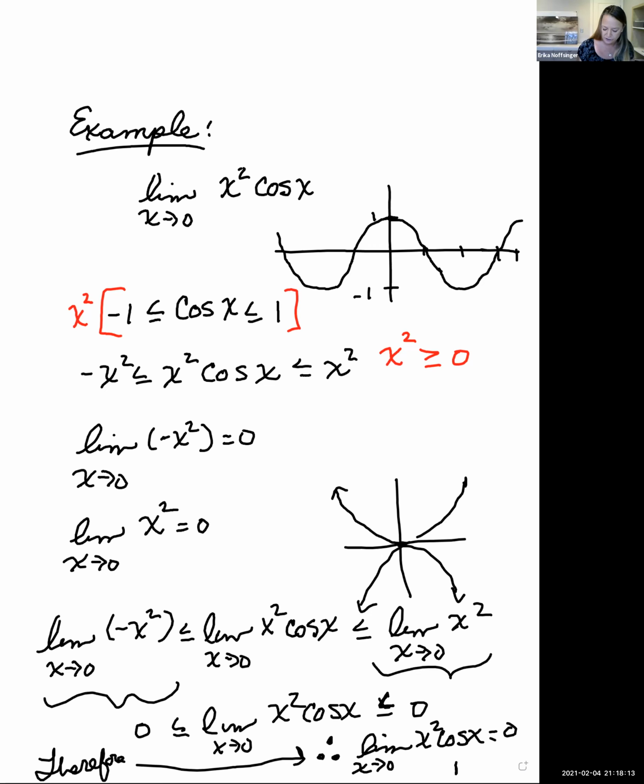And a lot of times when you are finished showing something, you'll see a square at the bottom. That basically means that you're done showing what you're trying to show. Although we really weren't proving, we were just using the theorem to find the result of that limit.